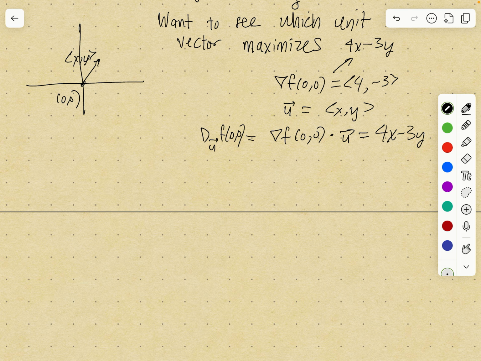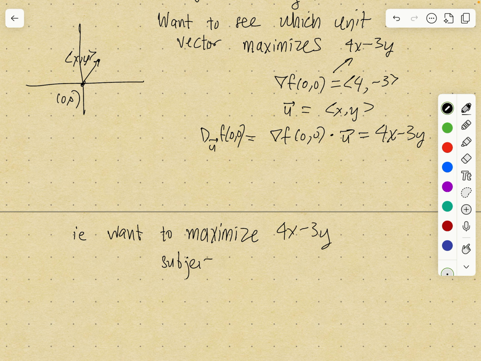So we want to maximize this. So what we're trying to do is maximize 4x minus 3y subject to the constraint that x squared plus y squared is 1, because your vector is a unit vector.